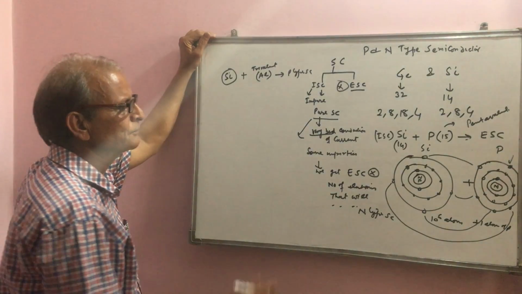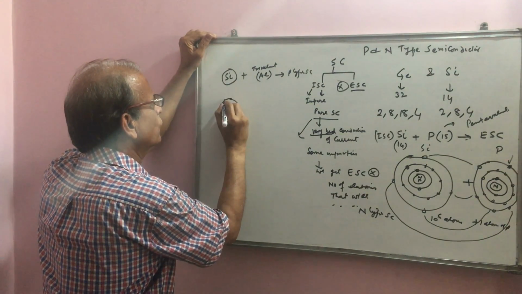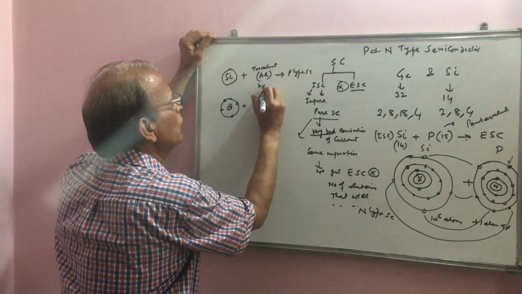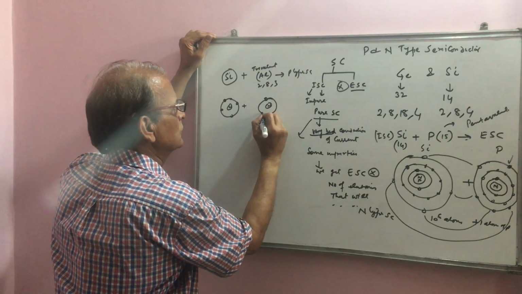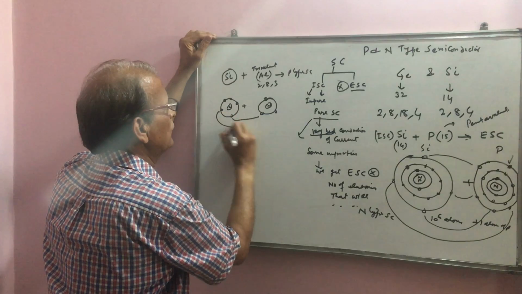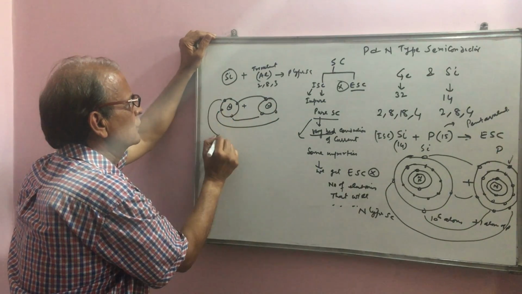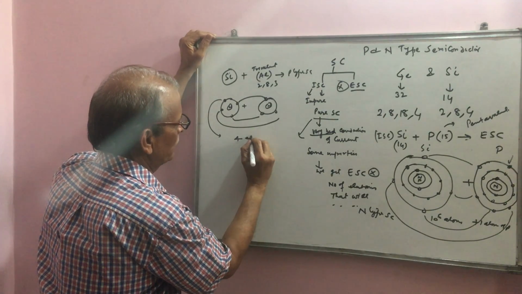So how is it? In silicon we have 4 electrons in the outermost orbit, and aluminum, with configuration 2, 8, 3, has 3 electrons in the outermost orbit. These 3 electrons will combine and make covalent bonds, and the 4th electron will be free, with the electron remaining behind.